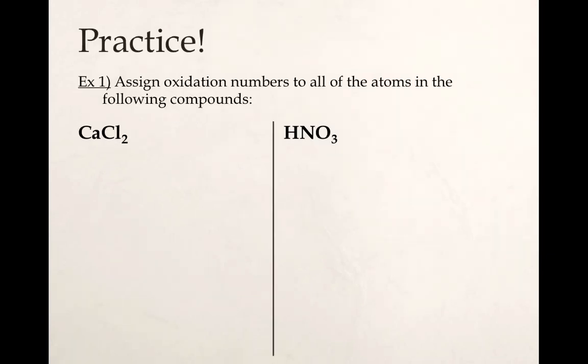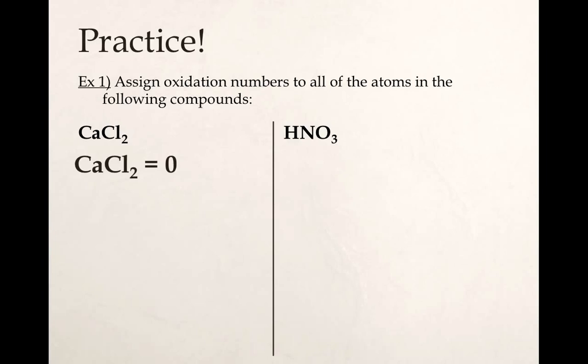Example number 1 says, assign oxidation numbers to all of the atoms in the following compounds. Remember, oxidation numbers means the charge that they're acting as. So look at calcium chloride, CaCl2. The first step would be to say, well, we know the sum has to be 0.